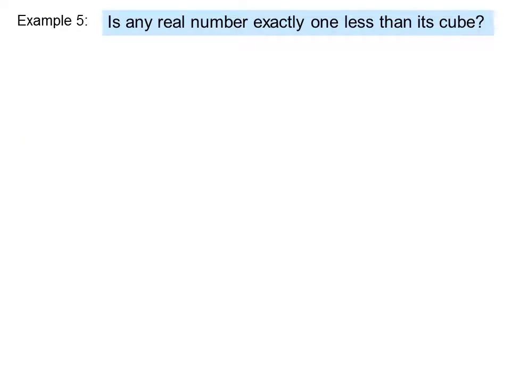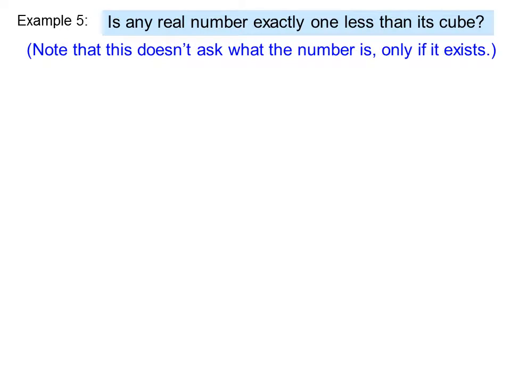Example 5. Is any real number exactly 1 less than its cube? Note that this doesn't ask what the number is, only if it exists. What we want to know is, is there a solution to the equation x equals x cubed minus 1?